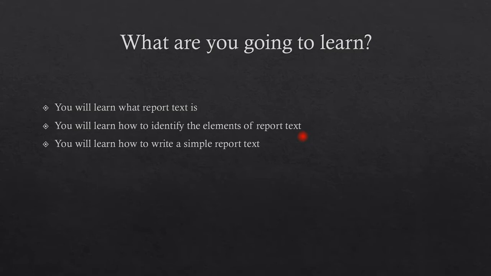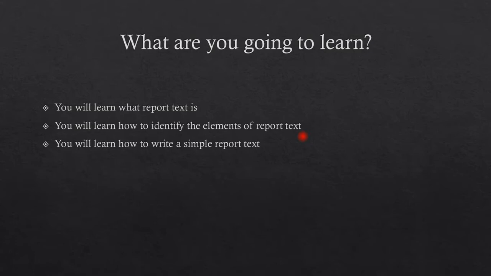Later I'm going to give you an example of the report text, and then we will look into it paragraph per paragraph. And the last one is that you will learn how to write a simple report text. You just need to write 2 paragraphs only, and that's going to be your simple report text.